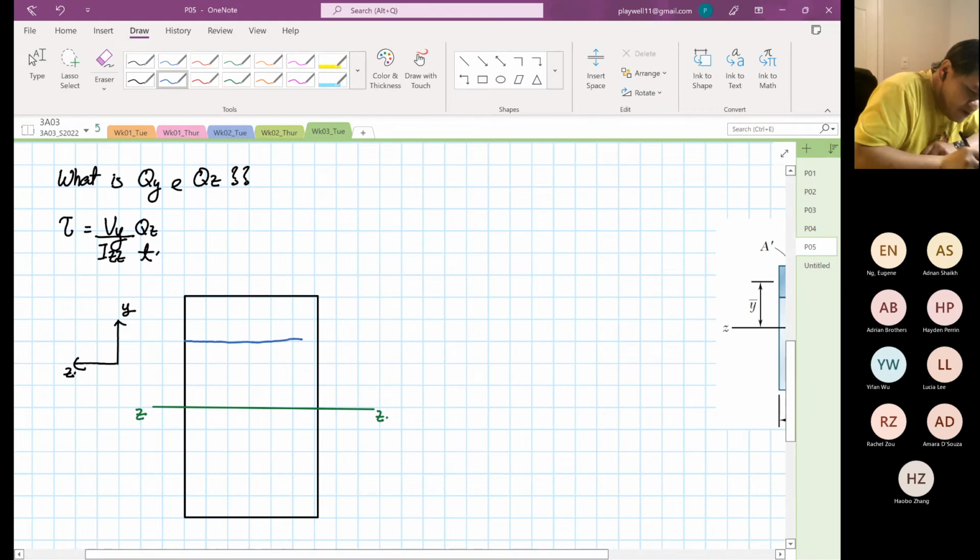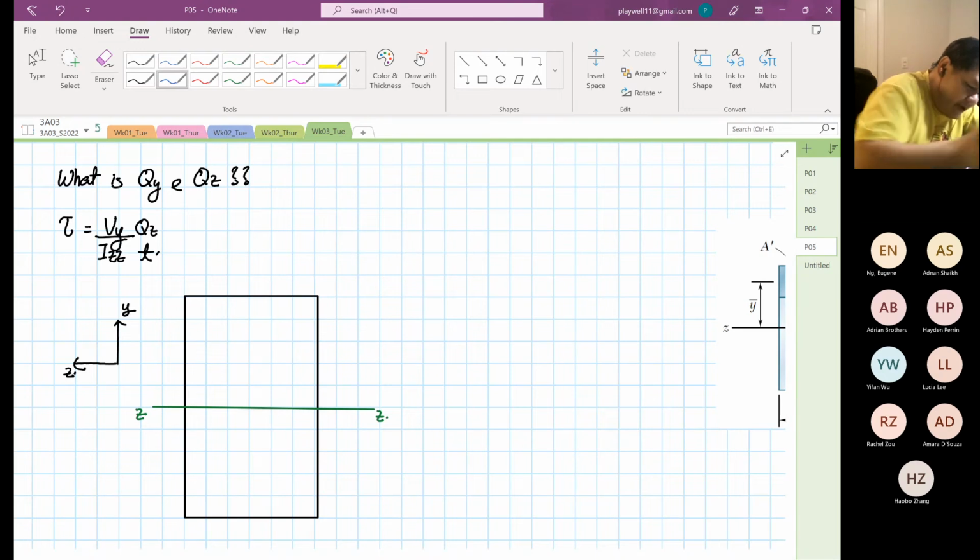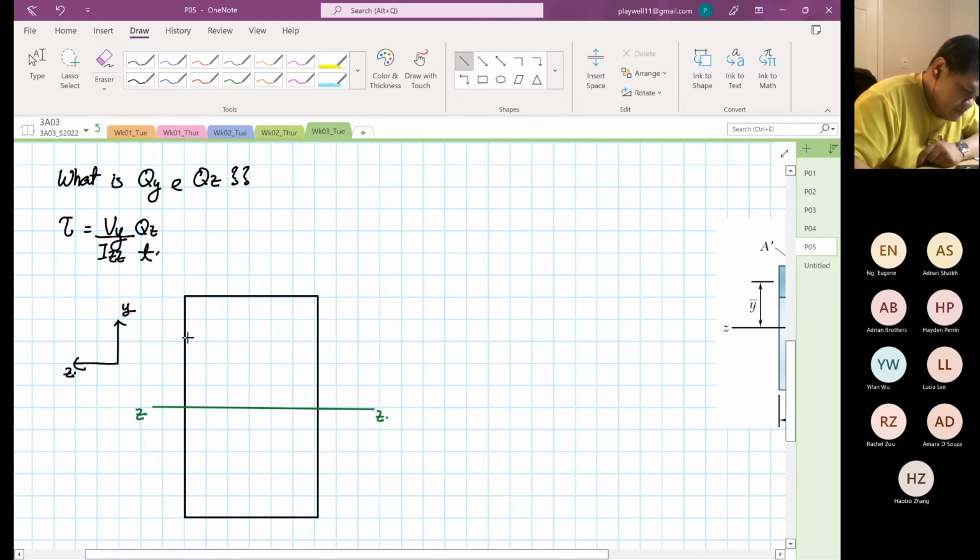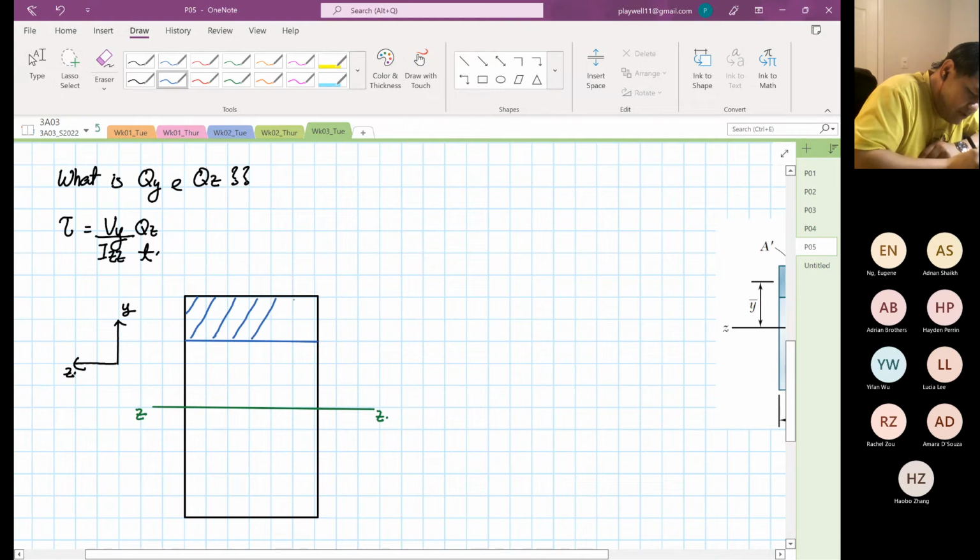I just happen to be drawing at that region. I just draw a point. So this is our defined area.